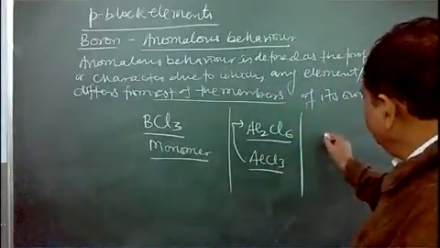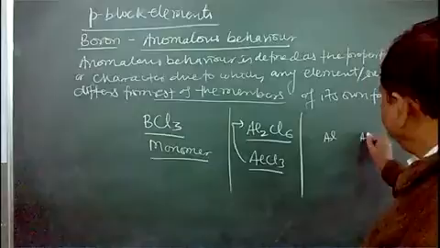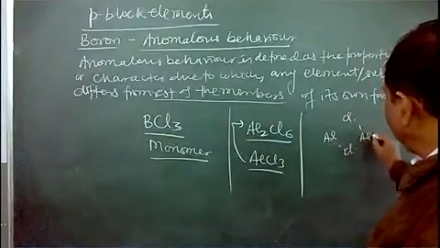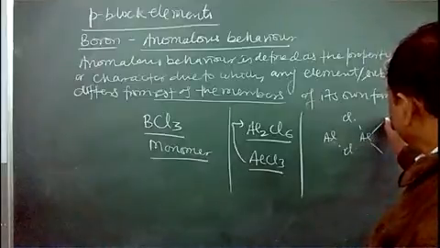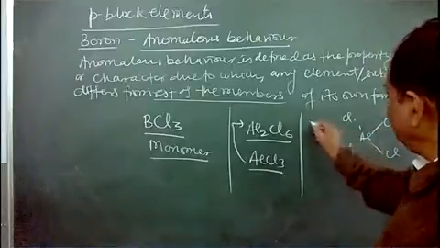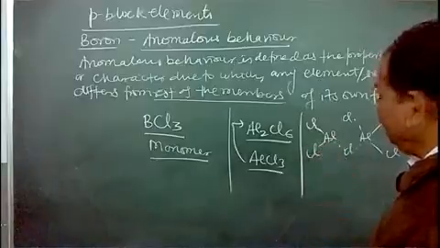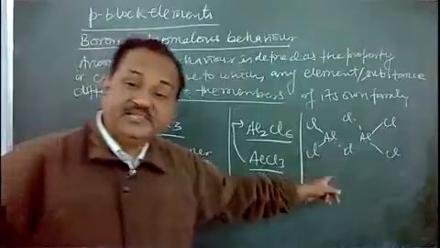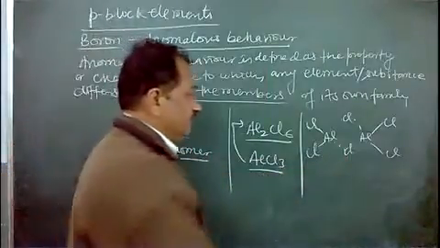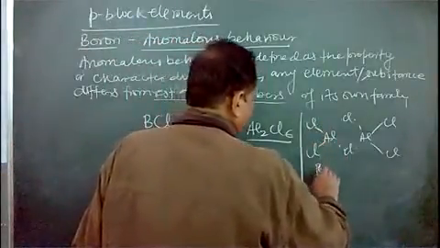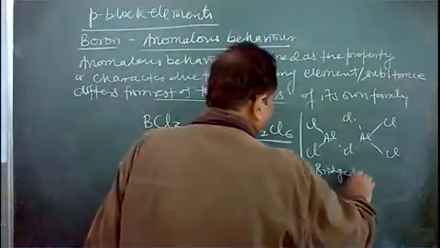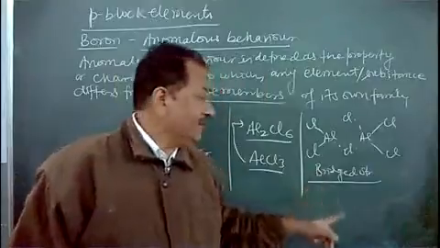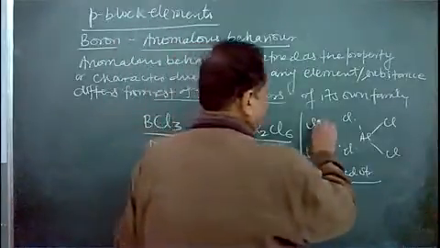Here there is aluminium, and here there is one Cl, and here this Cl, this Cl, and this Cl. This is a very important point to note. This is called a bridged structure. This is the bridging. Now children have to keep in mind, see the symmetry.